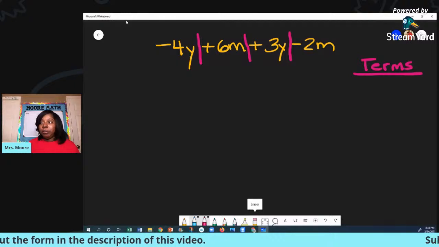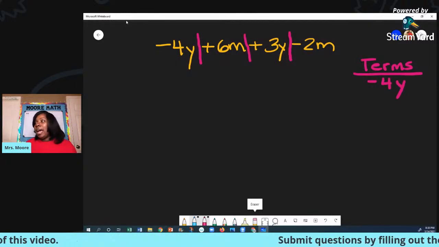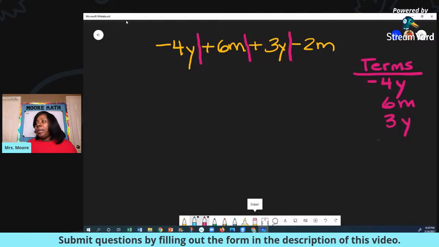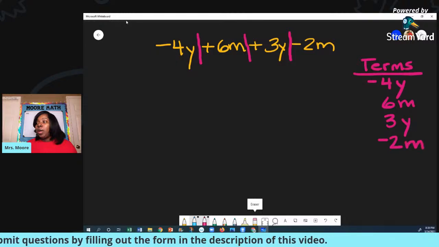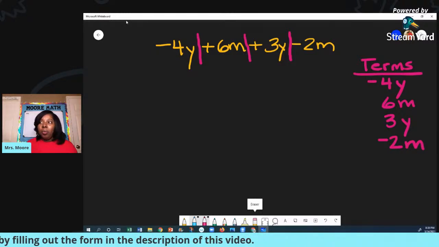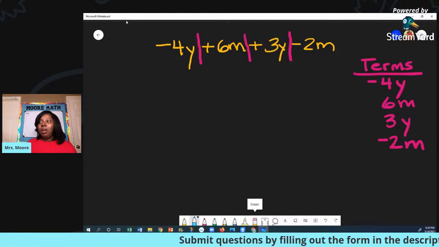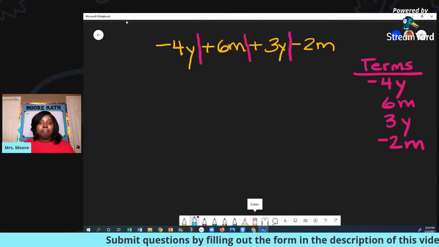Always write down your terms. We have -4y. We have 6m. We have 3y. And we have -2m. We look at this minus as a negative. So what are my like terms?